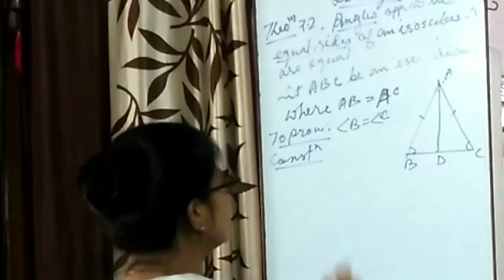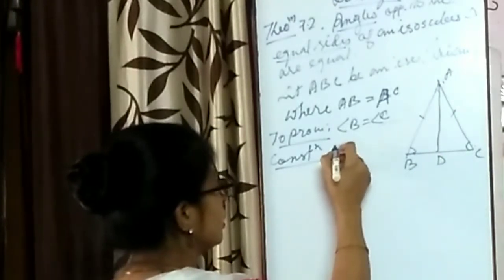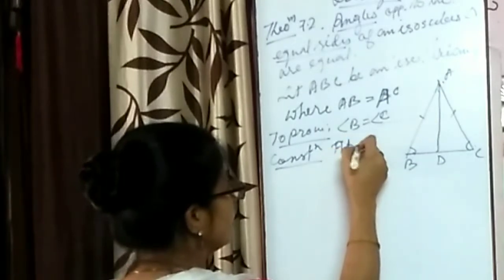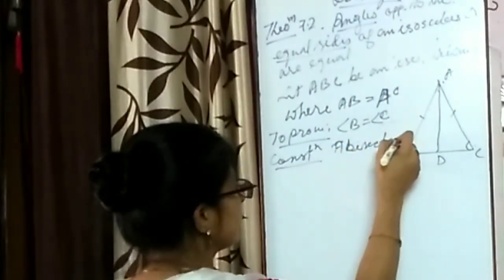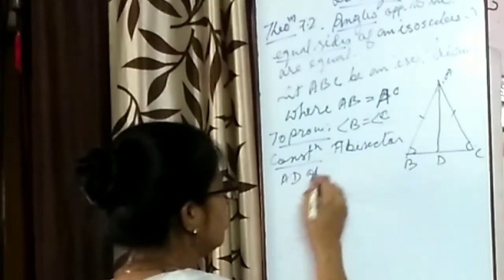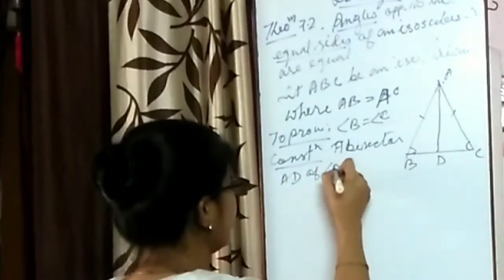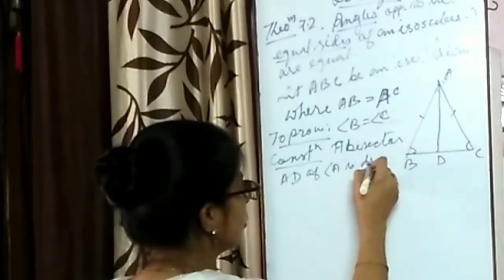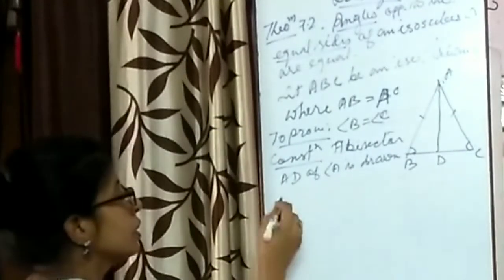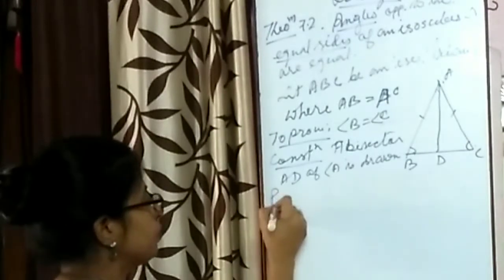Construction: a bisector AD of angle A is drawn. Proof part.